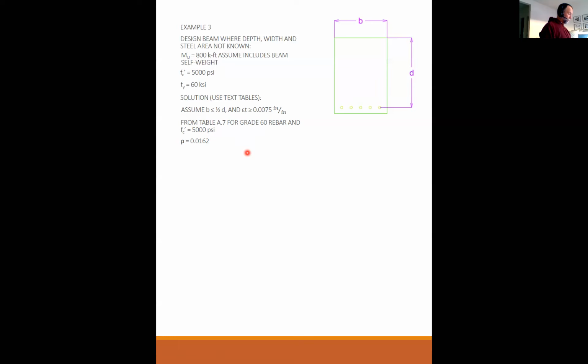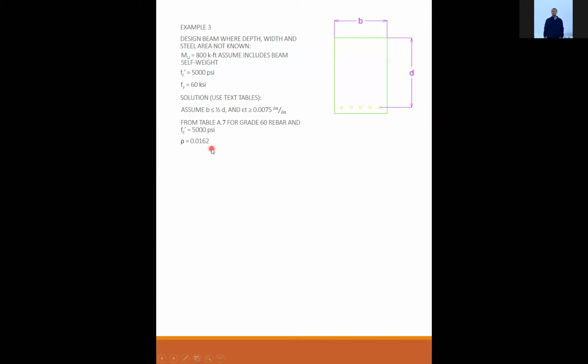Those are the various rows under the grade 60. You go to epsilon sub t equal to 0.0075 for 5,000 PSI concrete, and the number that's right there, 0.0162. That's how we get this number.